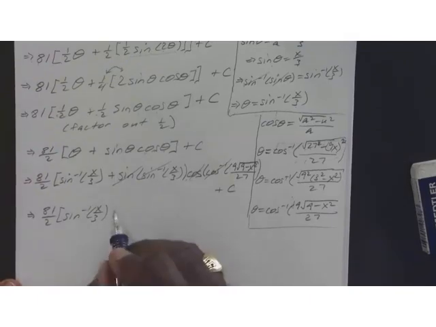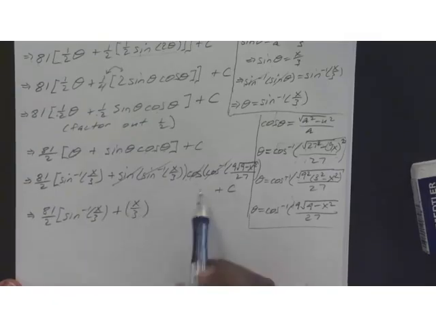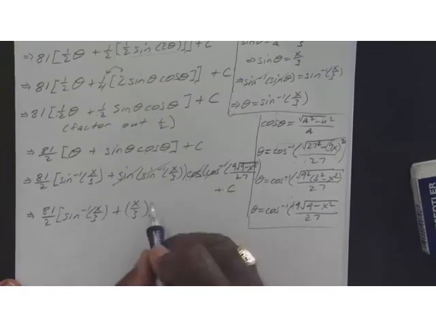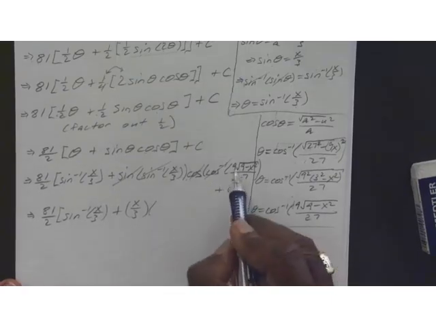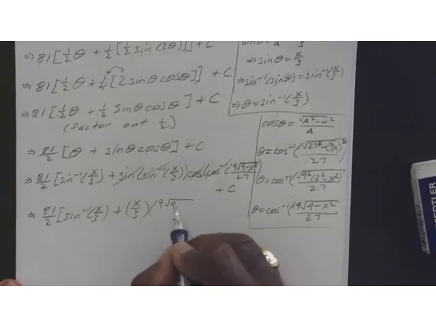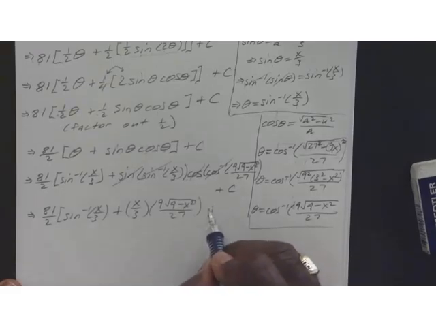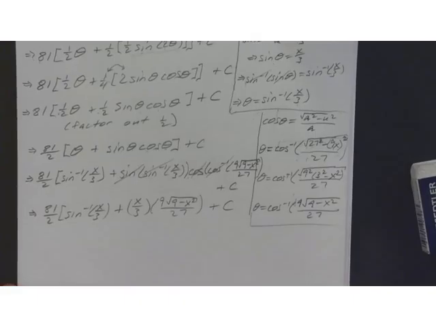So that just leaves plus x over 3 times this cosine, and this cosine and cosine inverse cancel out. Say 9 times the square root of 9 minus x squared divided by 27. And we have room for our plus c finally.